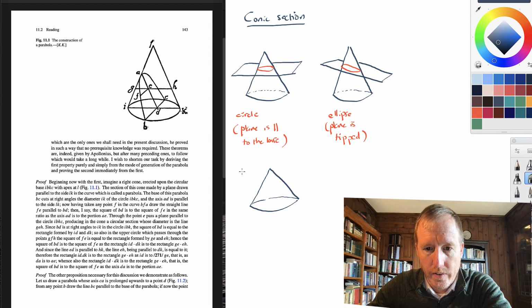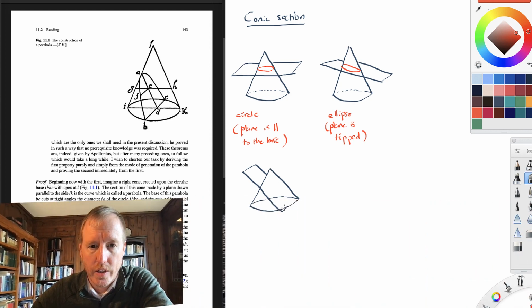Here's another cone. Well, this one's, I guess, a little bit wider cone in my drawing. What if I were to take this plane and cut it like this in a way so that this plane was parallel to one of the sides of the cone? So this side right here, this right side of the cone, the plane is parallel to that side of the cone.